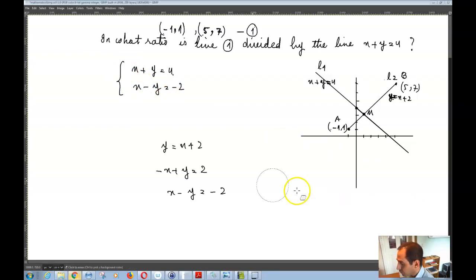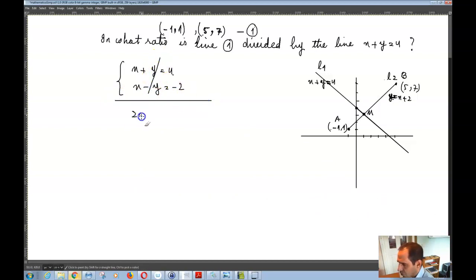Now you have a system of equations. If you add these two equations together, you'll get 2x is equal to 4 minus 2, which is 2, so x is equal to 1. Then use any of these equations: x plus y is equal to 4, so 1 plus y is equal to 4, so y is equal to 3, which is the point 1, comma 3.